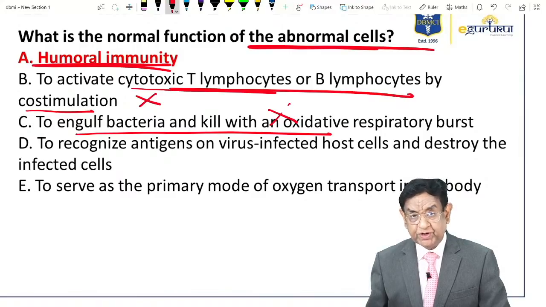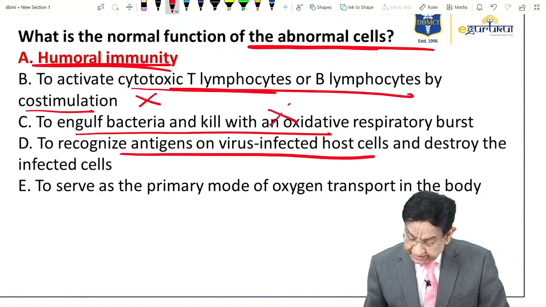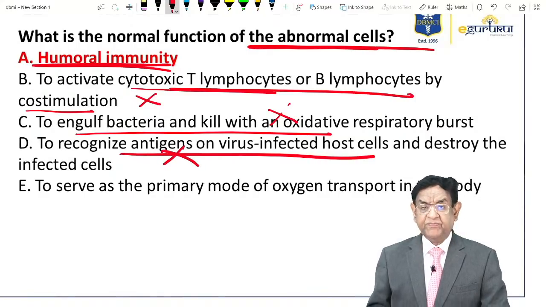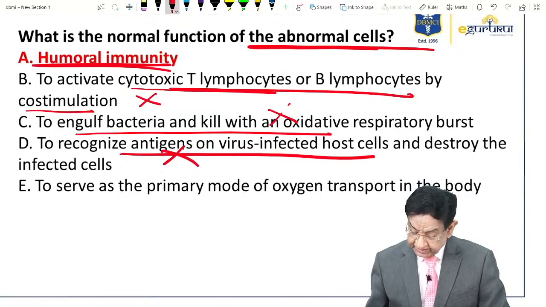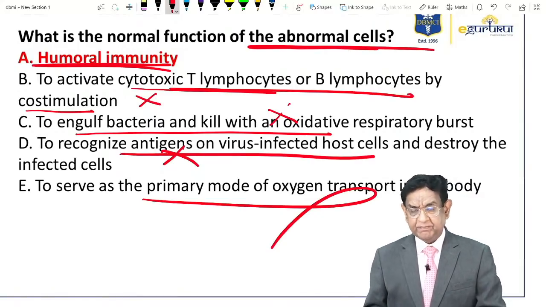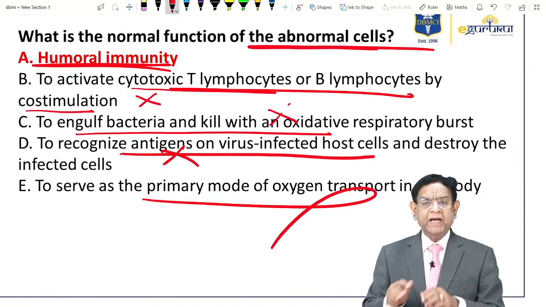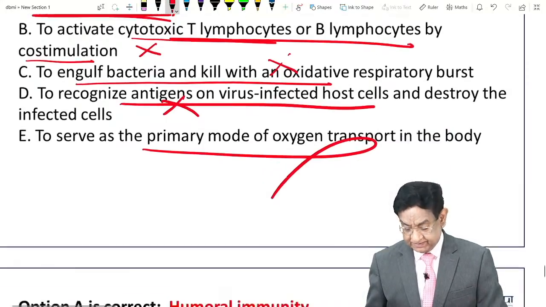It is the neutrophil or the macrophages. To recognize antigen and virus infection, again, that is the function of the antigen presenting cell or T cell. This is not the job of a small lymphocyte. Primary mode of oxygen transport, no way, that is done by hemoglobin. So by the rule-out technique also, we are very comfortable that option A is the best answer.